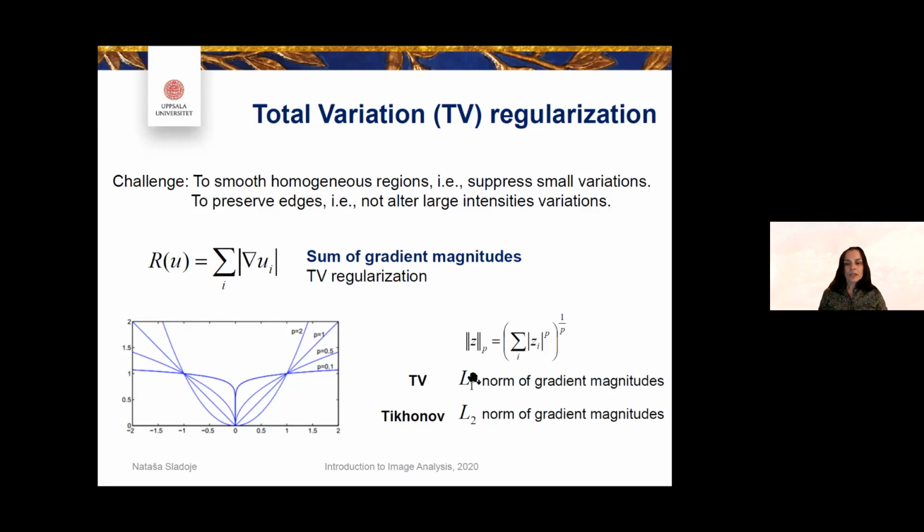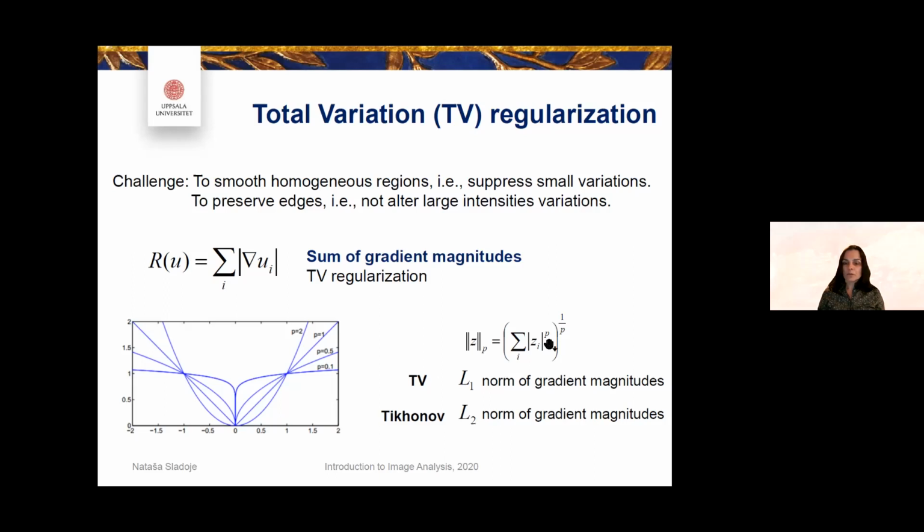So if we look at a whole family of functions which contain also those two that we were looking at, TV is the function where this p here is equal to 1, and this is the set of norm functions. So this means that TV corresponds to taking the L1 norm of gradient magnitudes.